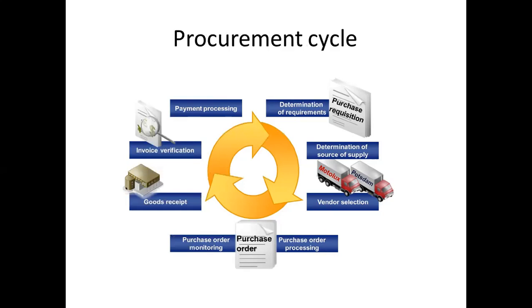In big manufacturing companies, a huge amount of material has to be procured, and that procurement will be done based on the requirement. And how does the requirement arise?